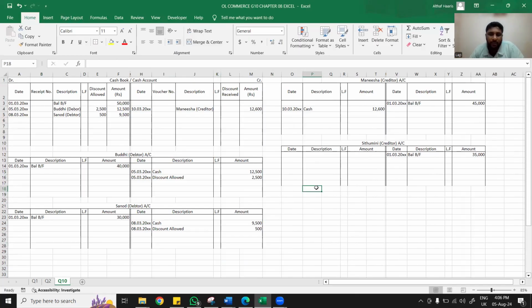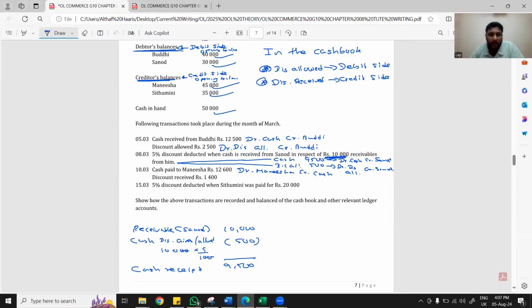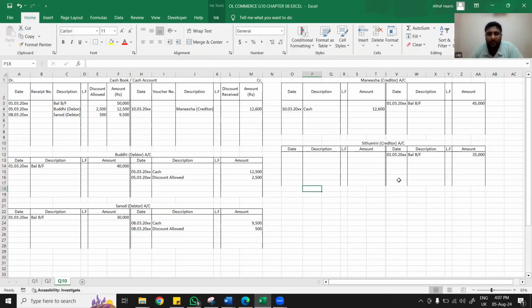And with that, let's do the next one also. Discount received 1,400. We learned all these things last week. Manisha credit the discount received income, 1,400.